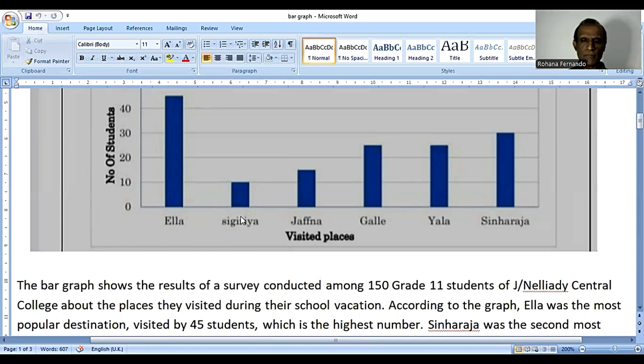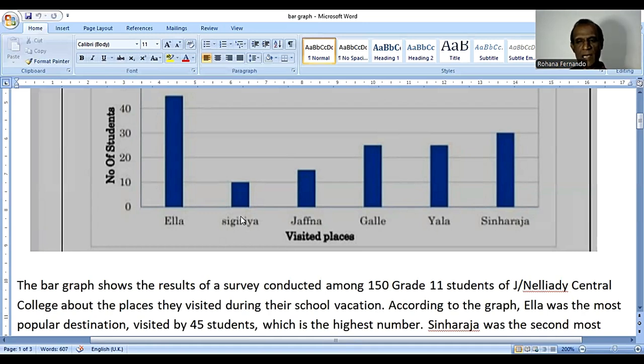According to the graph, Ella was the most popular destination visited by 45 students, which is the highest number. So I want to tell you about how to write the highest and lowest using different sentence patterns.